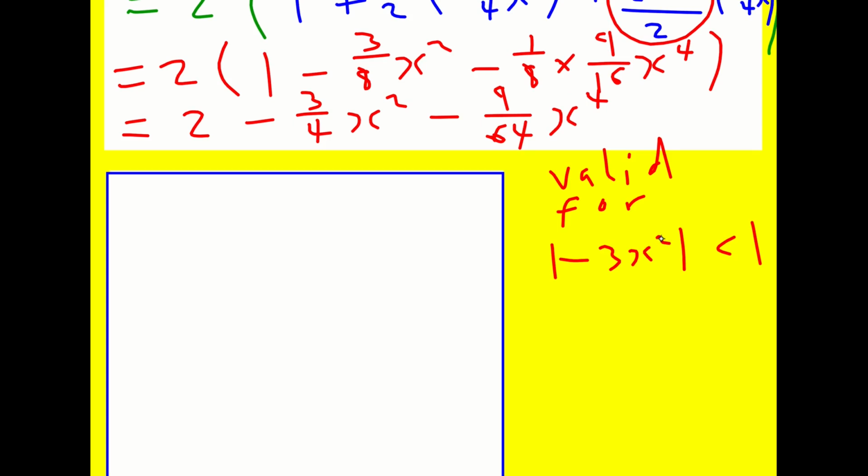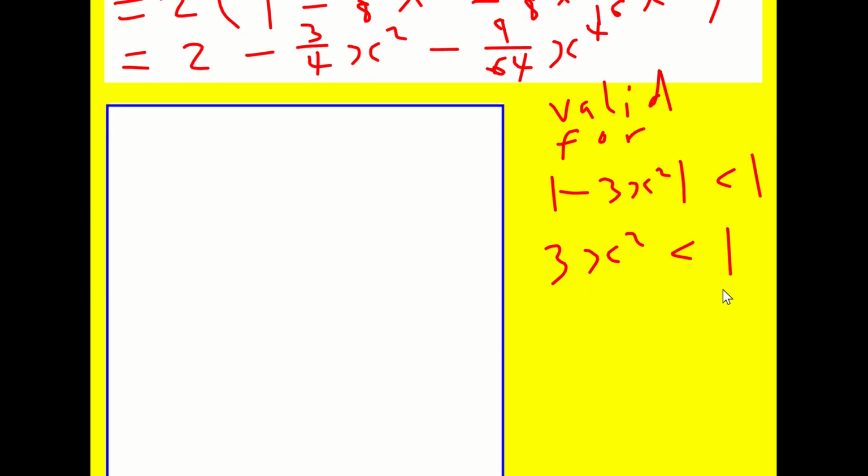But because 3x squared is always positive anyway, this is going to become 3x squared less than 1. Basically, it makes sure it's positive. But 3x squared is positive, so I know that this is how it is. I feel like I didn't explain that very well. But this is what we get when we get rid of the modulus sign. Now, what's going to happen with that? Well, I can write down that x squared is less than a third.